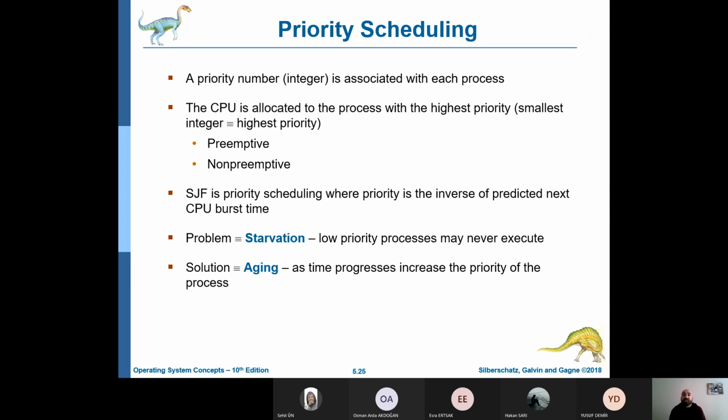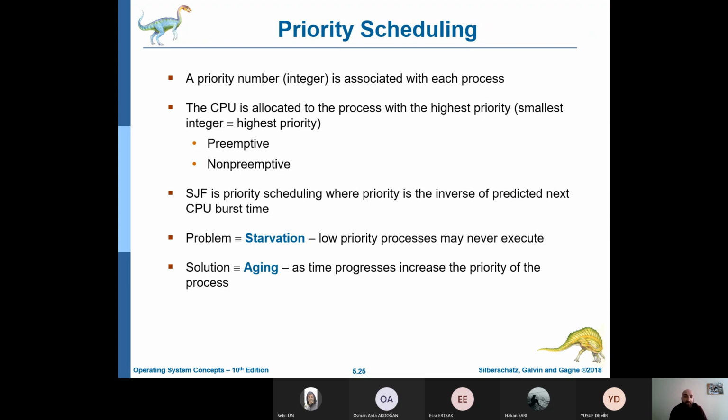Note that we discuss scheduling in terms of high priority and low priority. Priorities are generally indicated by some fixed range of numbers, such as 0 to 7 or 0 to 5. However, there is no general agreement on whether 0 is the highest or lowest priority. Some systems use low numbers to represent low priority, but others use low numbers for high priority.